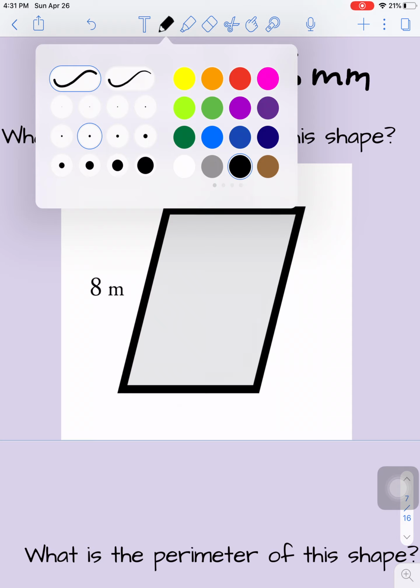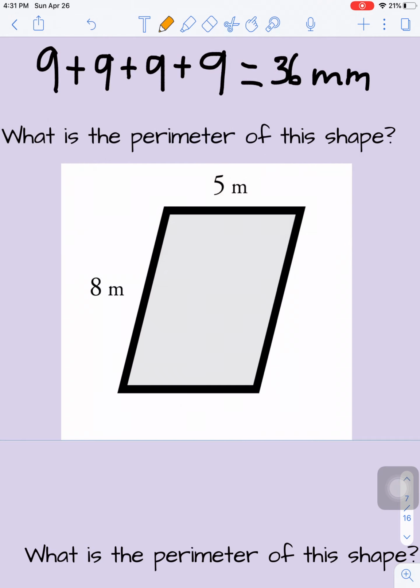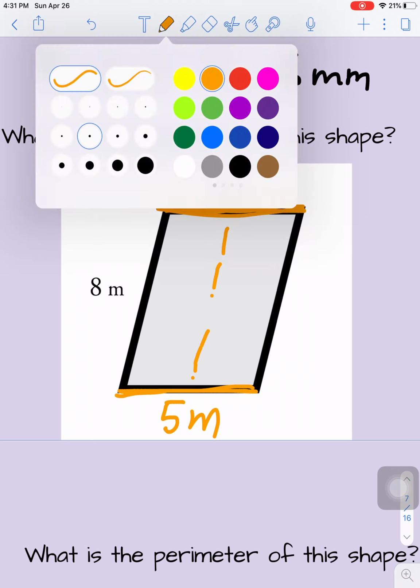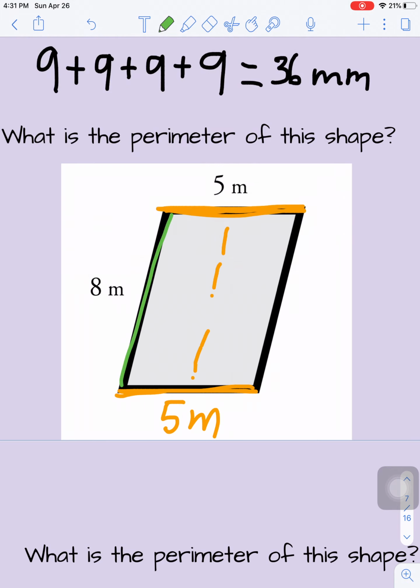Okay, once again, I have unknown sides. I don't know the length to every side, but when I look at this length that I do know, 5 meters, and I look at the line that runs parallel to it, I know that they are the same length, so I know that's 5 meters. Same thing when I look at the side that I know that is 8 meters.